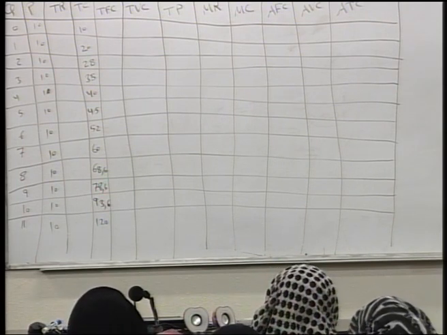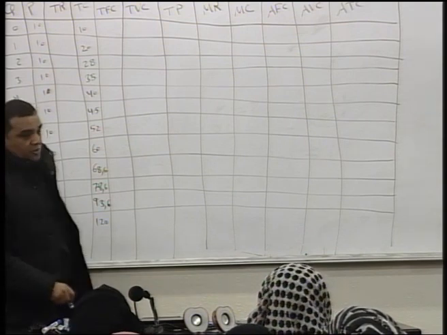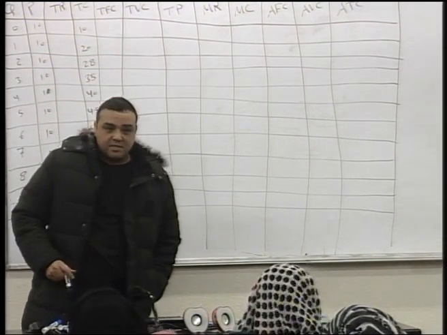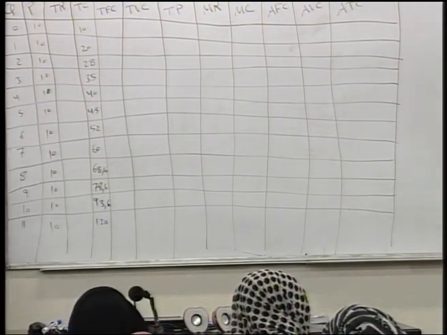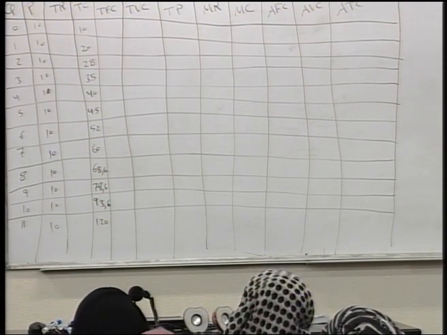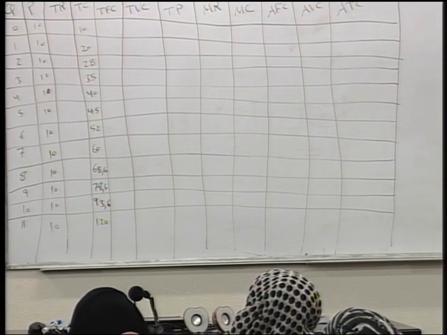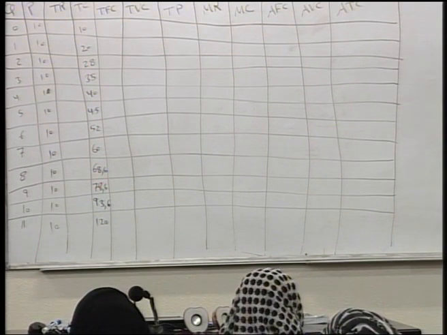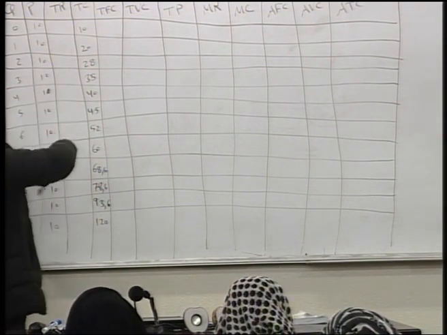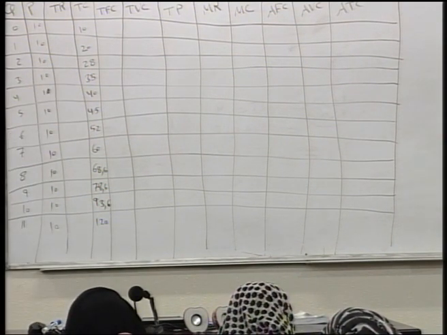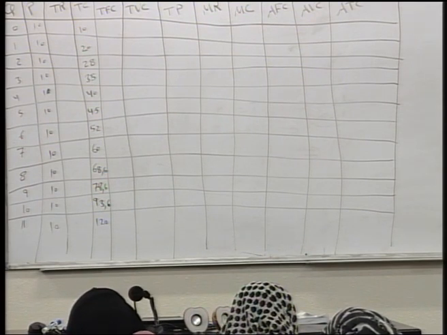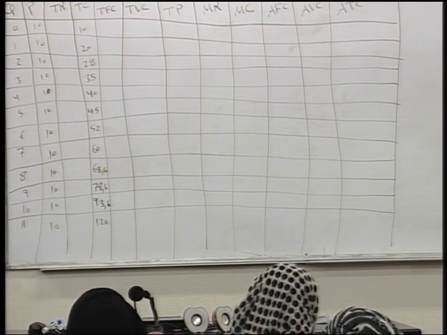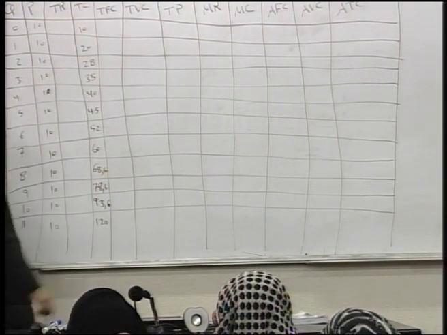In this example, we are talking about a business that works under the perfect competition market in the short run, not in the long run. We have a fixed price, different quantities, and the total cost is given.